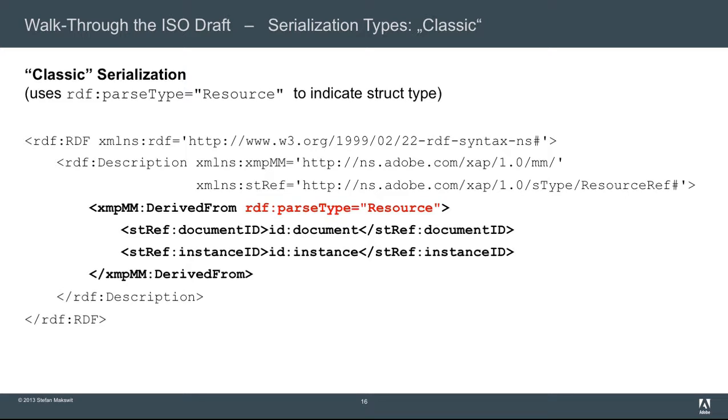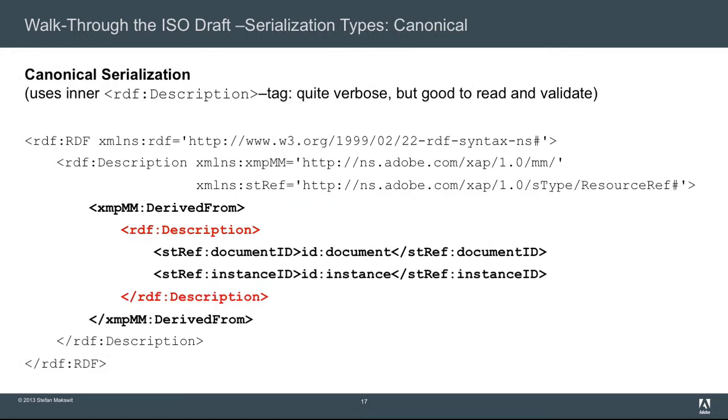And the third one, most importantly, is the one that we choose to be canonical. It uses an inner description tag. We've seen that yesterday, I think, in your example as well, to tell the parser that it is derived from the struct and that it contains children. And we use this form because it is pretty straightforward.